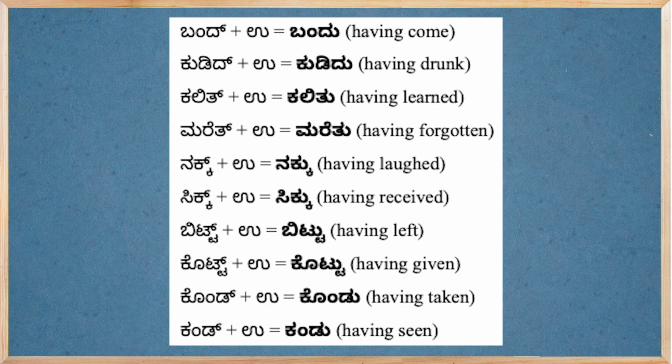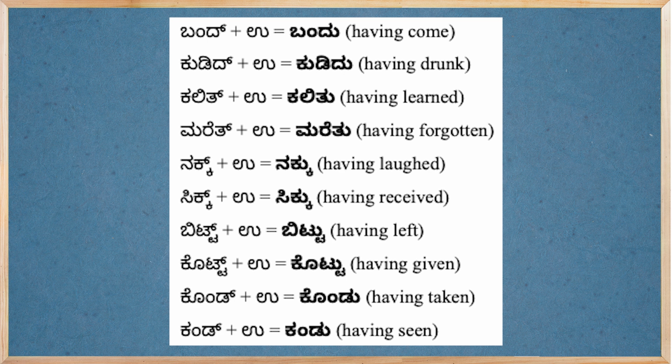For example, band plus u becomes bandu, which means having come. Similarly, kudid plus u becomes kudidu, having drunk. Kalit plus u becomes kalitu, having learned. Maret plus u becomes maretu, having forgotten.